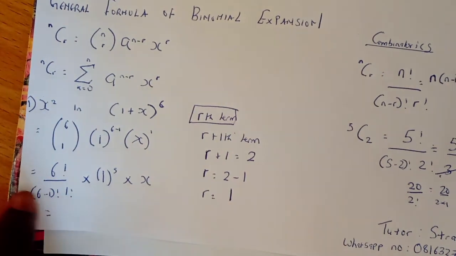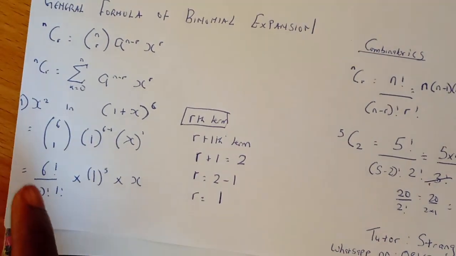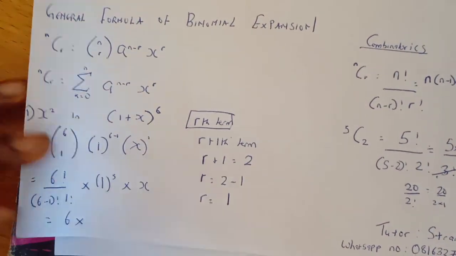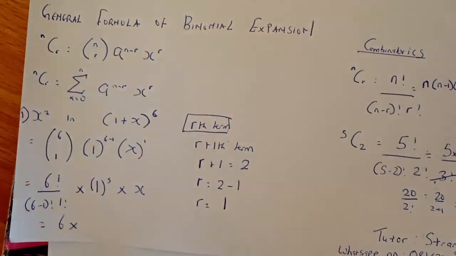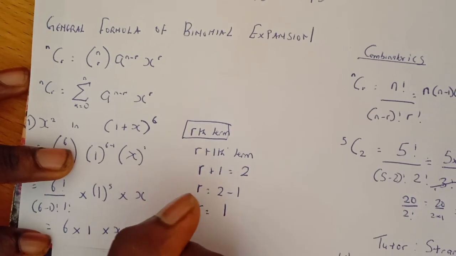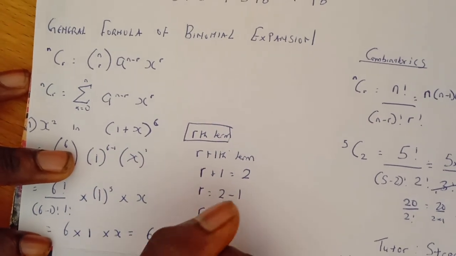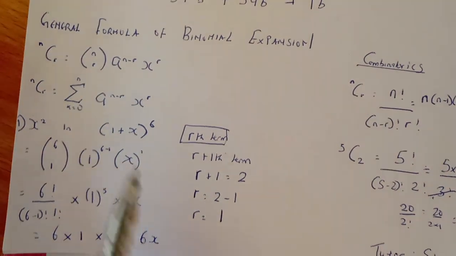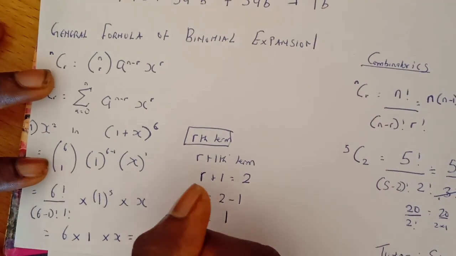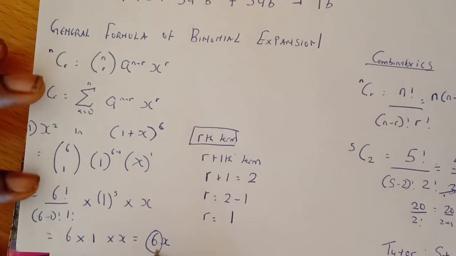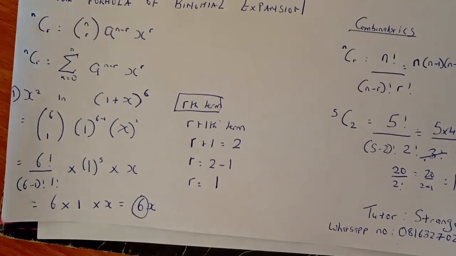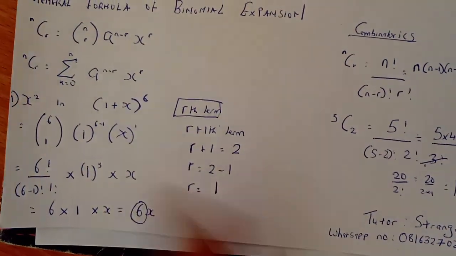So 5 factorial cancels 5 factorial, leaving us with 6 divided by 1, practically 6. We have 6 multiplied by 1 raised to the power of 5, that is just 1. Still 1 times x, that is 6x. Now, the coefficient of x squared is 6. Practically easy.